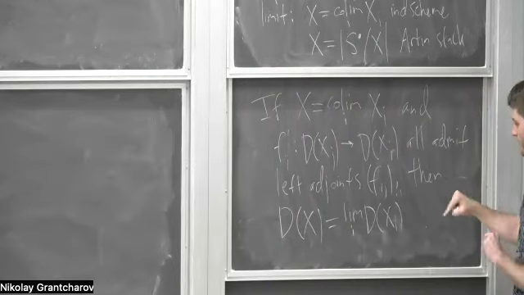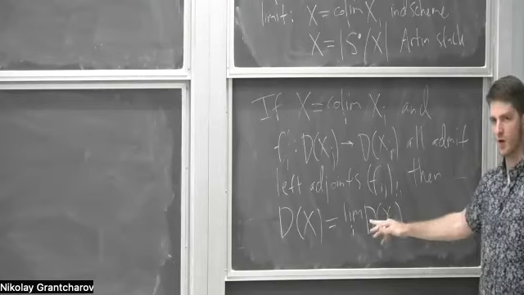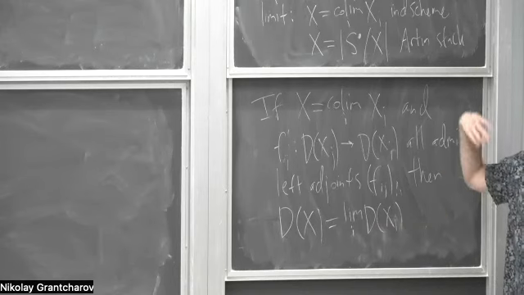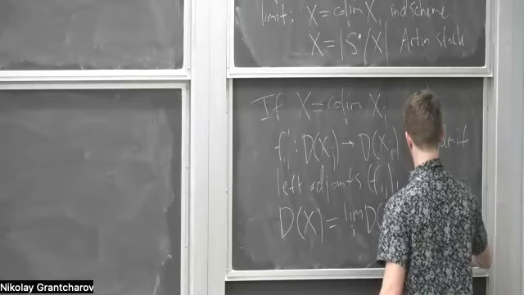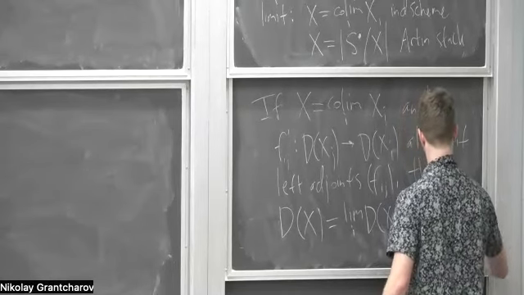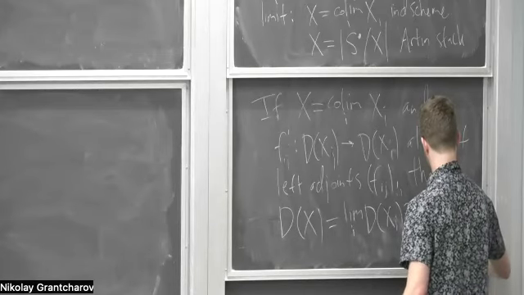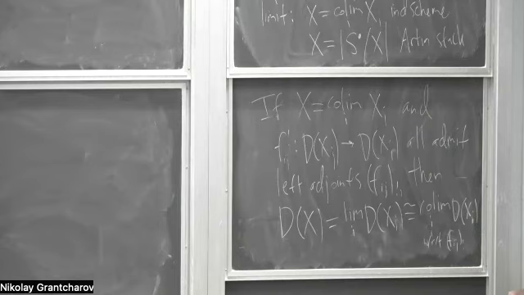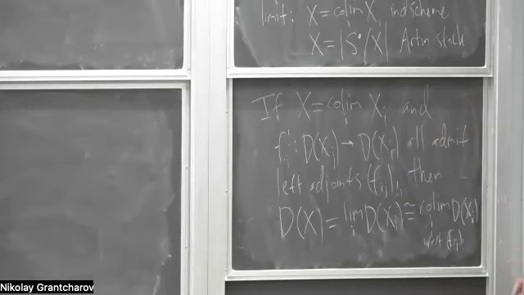If these admit left adjoints, then by that fact I stated last time about limits versus colimits of categories, since this is a limit over right adjoints, it's equivalent to the colimit over the left adjoints, where this colimit is taken with respect to the F lower shrieks. So this doesn't always happen, but when it does, I can rewrite this definition as a colimit.